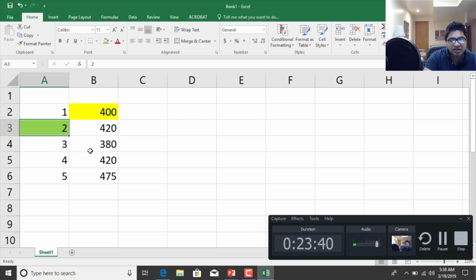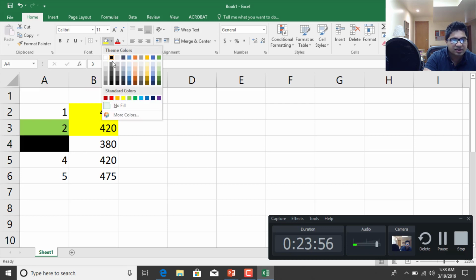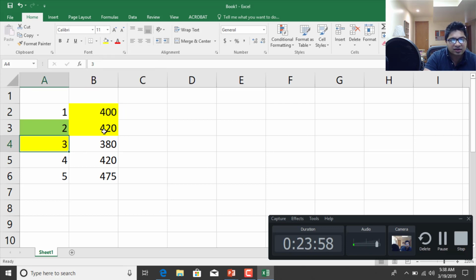Now in case of the third year, the watermark will be 420 because if you are calculating fund performance in the third year, then the watermark is the previous highest value of the fund, so that is 420. The watermark in the fourth year will also be 420 because the previous highest value is still 420.